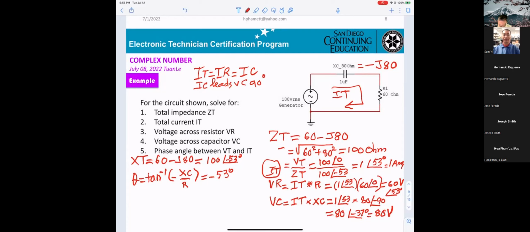Go ahead. What I'm trying to understand, and I guess the students are too, Mr. Pham, is that the question itself says, what is the phase angle between VT and IT? That's what I try to explain to you.